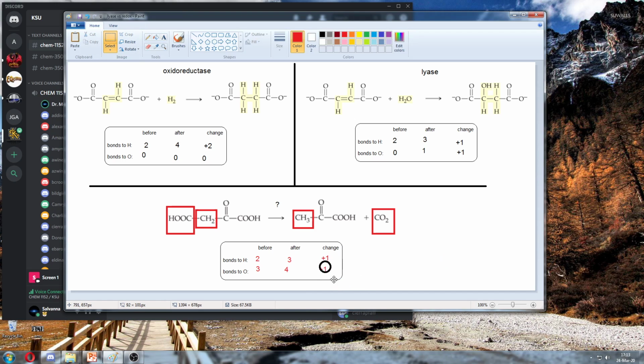Are these two numbers the same? If they are, that means it's a lyase. And they are the same, so we'll label this as a lyase. And that's how you do that. I'm going to put up a few more examples for you guys to try.